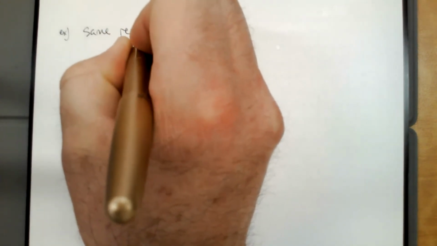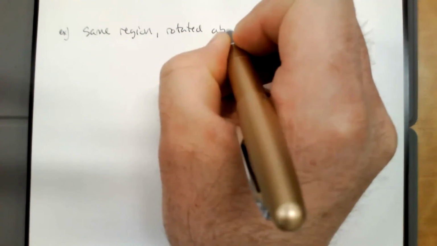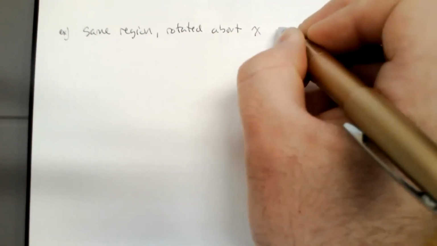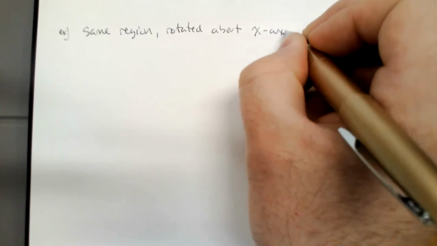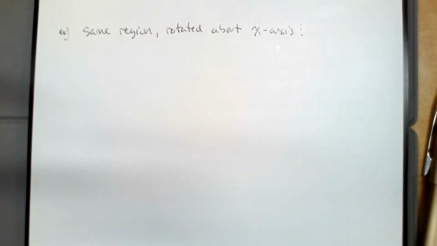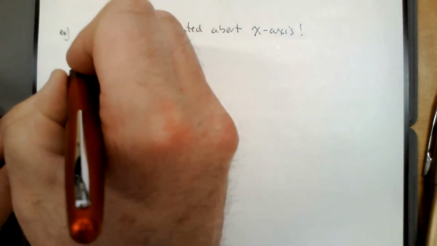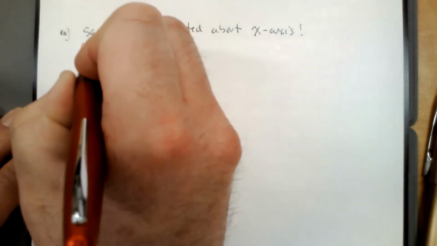So let's do the same region. The change here is that the axis of rotation is not a boundary of the region.